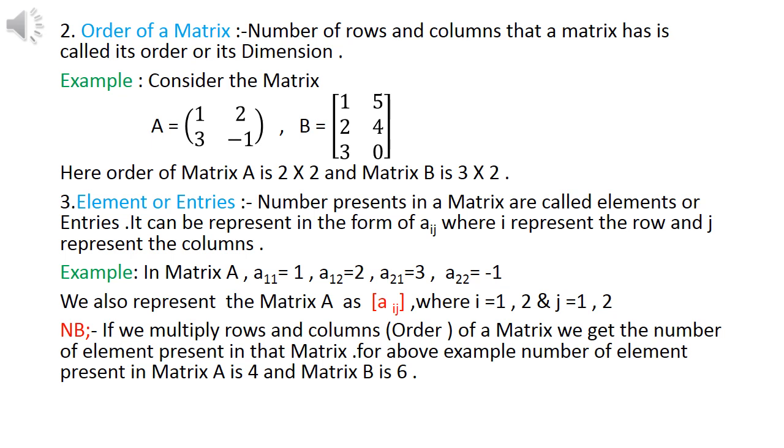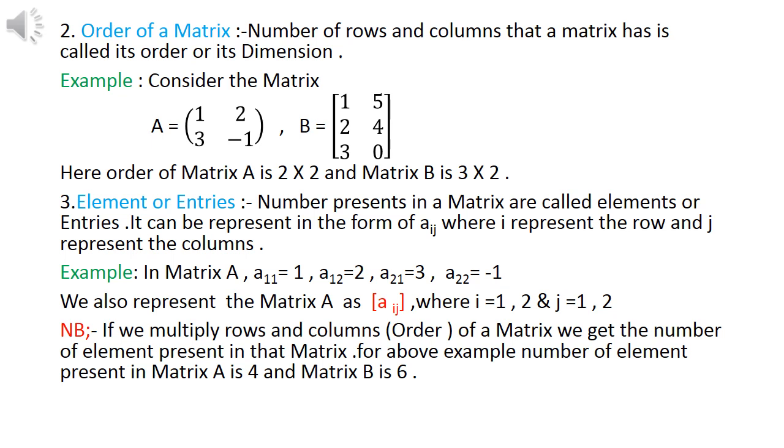For example, if we consider matrix A, then 1, 2, 3 and -1 are its elements. Here a11 is 1, a12 is 2, a21 is 3 and a22 is equal to -1.